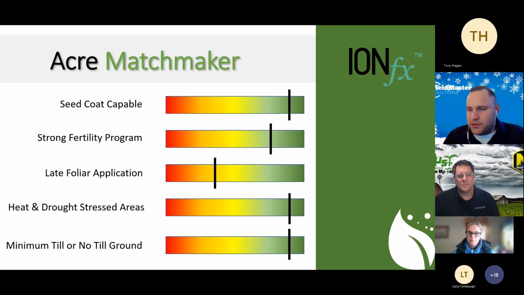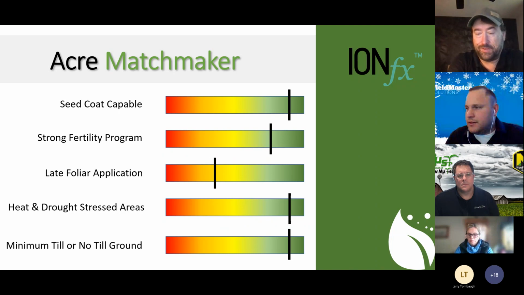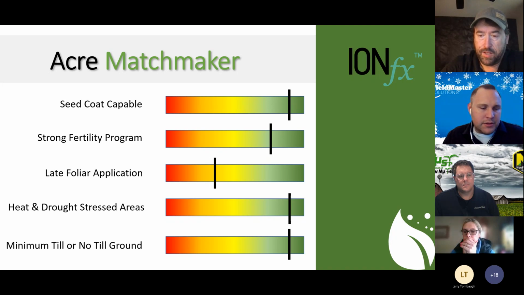Good question. So, Tony, the question was, are we going to see more advantage on a heavy rainfall year, or more advantage on a drier, drought type of year with this product? So the Ion effects likes extremes. It shows best in an extreme.